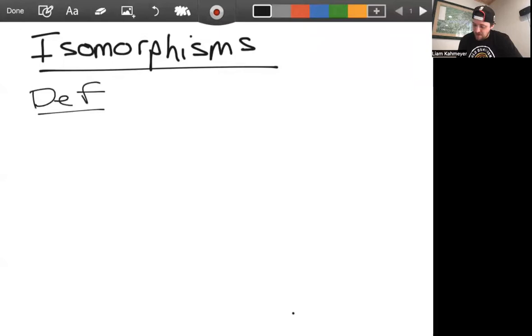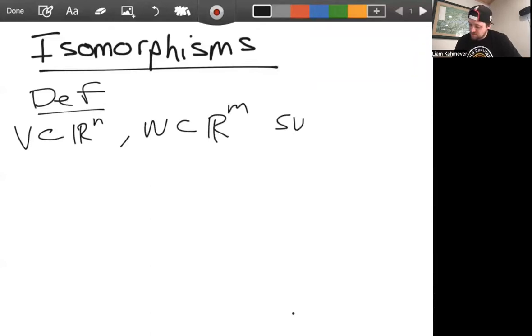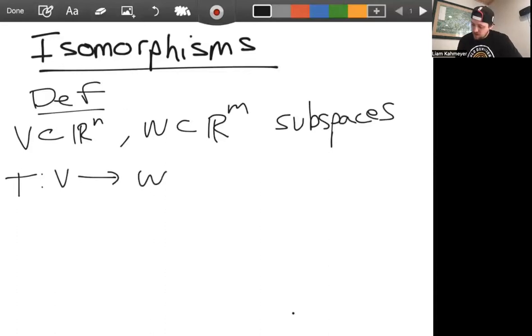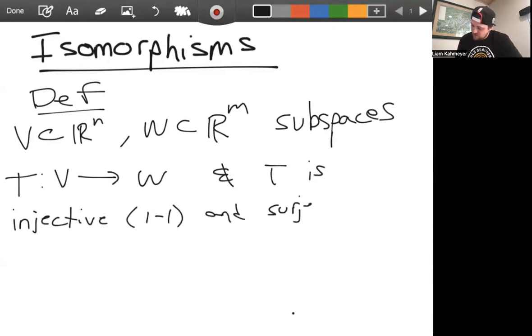Let's suppose V is a subspace of Rn and W is a subspace of Rm. So these are subspaces. Then if we have a linear transformation T from V to W, and T is injective, or one-to-one, and surjective, or onto, then T is an isomorphism.